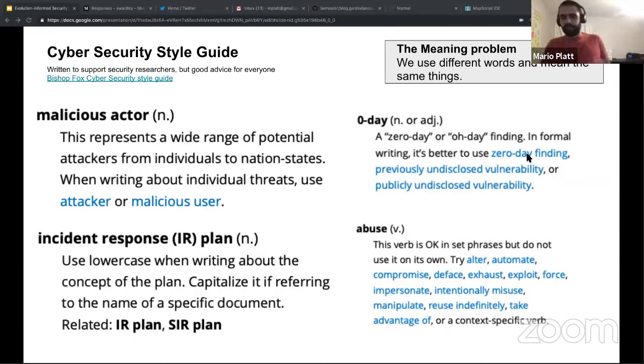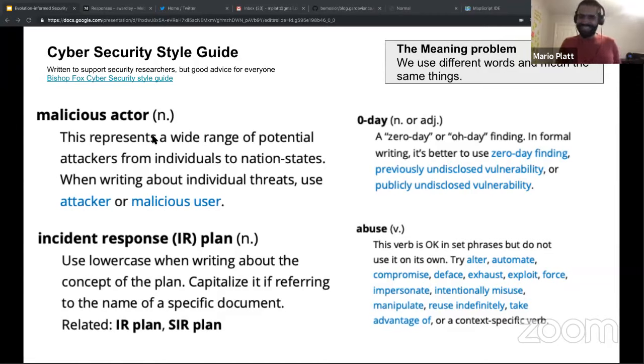The other part, which is a related problem, is what I call the meaning problem. Okay, so again, if you go talk to an incident manager and to a risk manager, they will probably end up using different words, but they actually mean the same thing. So using attacker, malicious user, malicious actor, those are things that are kind of interchangeable, right?